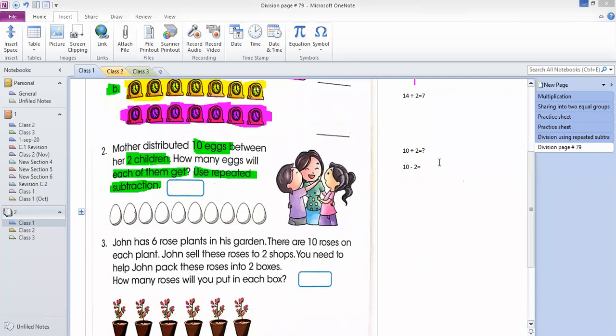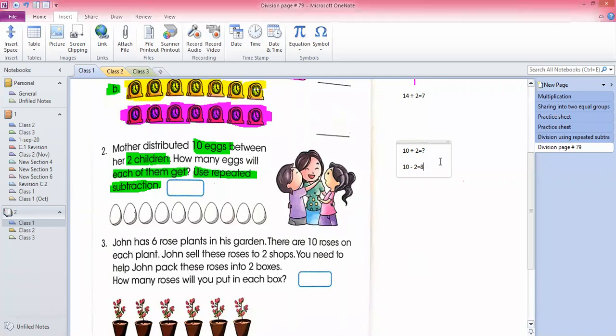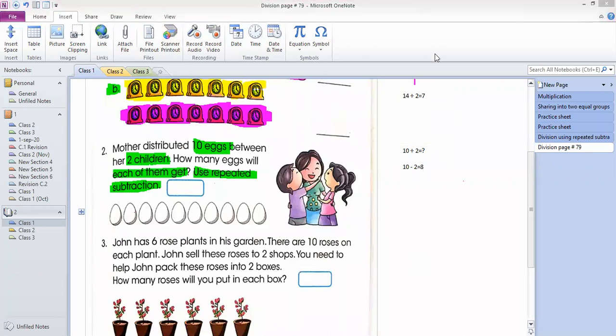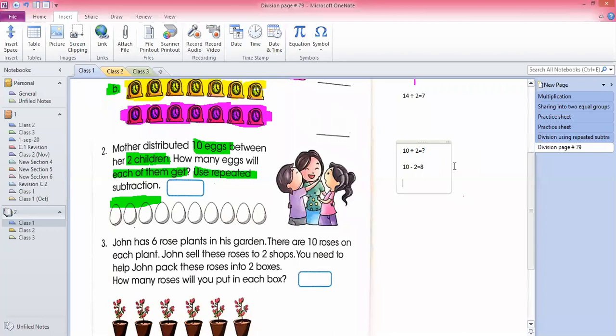Very good. 10 minus 2 is equals to 8. Now, how many eggs are left? After giving 2 eggs to 2 children, how many eggs are left? 8. Very good. So, I will write here 8. Now, I will give again one egg to each of the children.